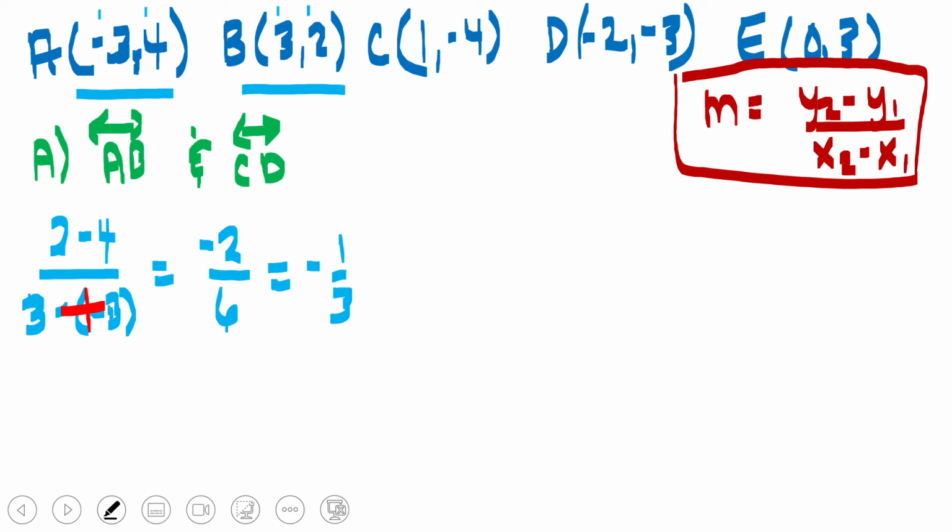That's just AB. Now we have to test CD. All right. Now look at C and D. We need the slope formula, y2 minus y1.